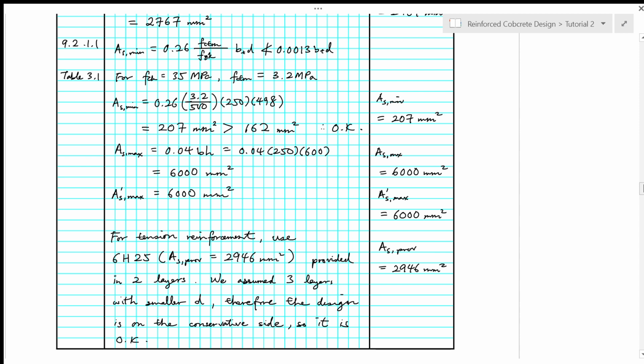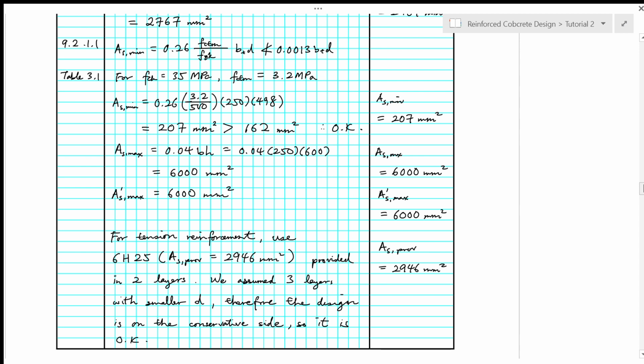That is more than 0.0013 bd, which is 162 square mm, so it's okay. And for maximum reinforcement, it is 4% of the cross section, so 6000 square millimeter is the maximum tension reinforcement. For compression reinforcement also, the maximum reinforcement area is 6000 square millimeter.